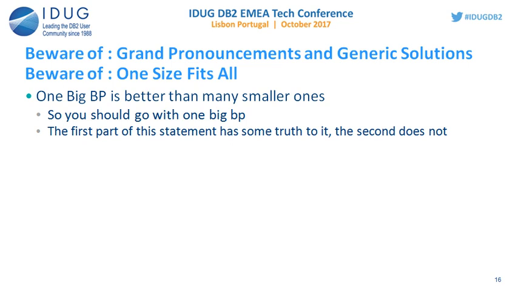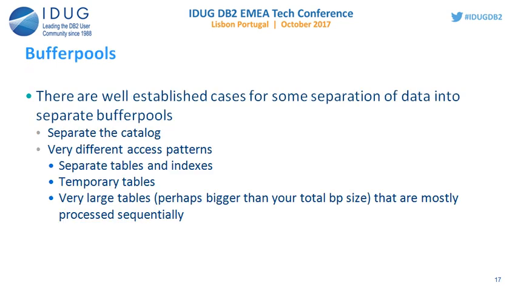But the second part is not generally true, because it's well established that there are good cases for separating certain kinds of data. Particularly, you want to keep your catalogs in a separate buffer pool from your user tables, because you want DB2 to have quick access to its catalog, and for very different access patterns.